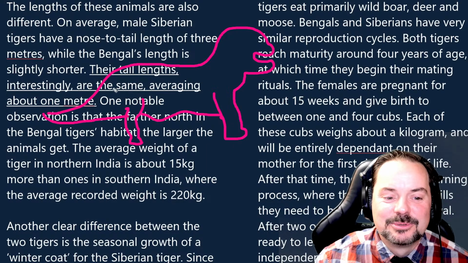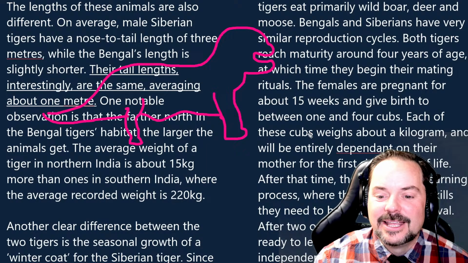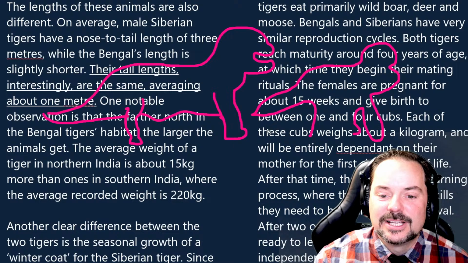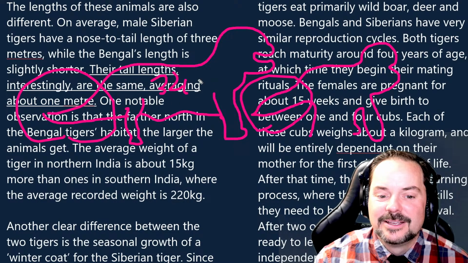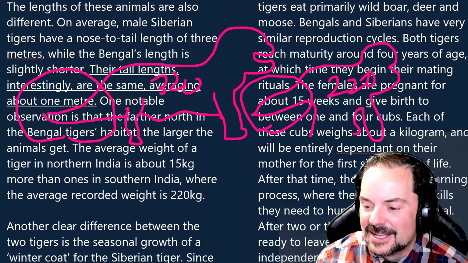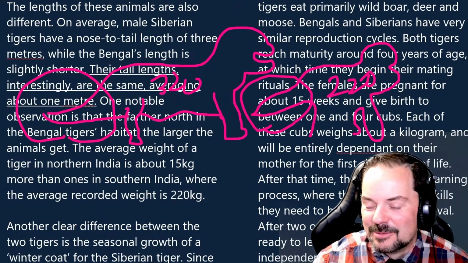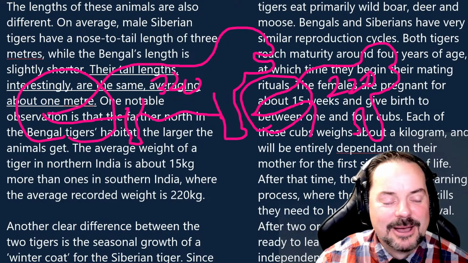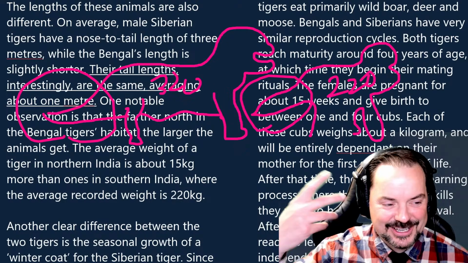That looks like a terrible tiger, but one's Siberian, and the other one's going to be a little bit smaller, and it's going to be the Bengal, and you visualize it, and you see that their tails are the same length, but the Siberian one is 320, and this one's 220 kilos. So that's the difference, right? Fariborz is laughing at my drawing, so I'm going to stop now. But you visualize it.